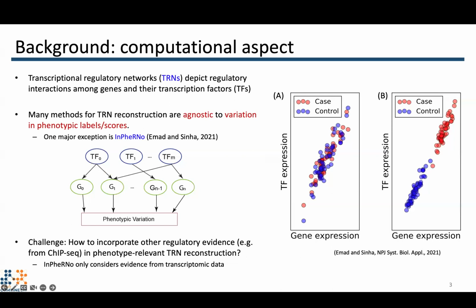Our lab previously developed InPheRNo to incorporate gene expression and phenotypic labels or scores. In this study, our goal was to generalize that model to enable incorporation of ChIP-seq data in order to study differentiation of human embryonic stem cells to endodermal lineage.